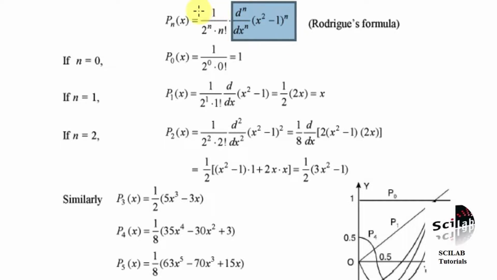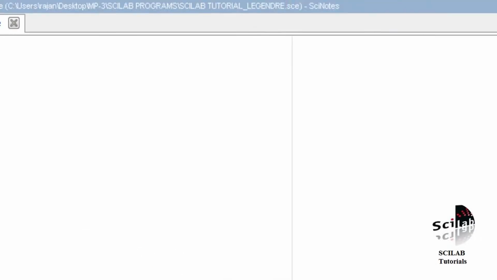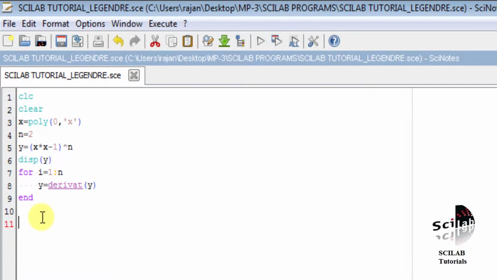The next term is this 1 by 2 to the power n factorial. That means now we have to divide the value of y which we have obtained so far by 2 to the power n and n factorial. So now let's do that. So Pn will be equal to y divided by bracket start. We are starting the bracket in the denominator to be on the safer side, so that there is no error in the division.